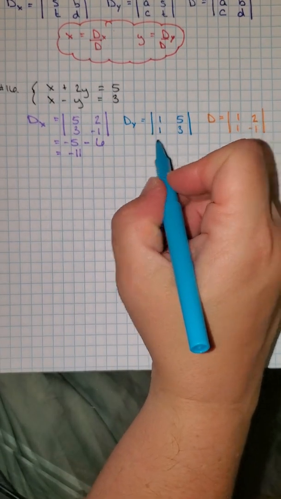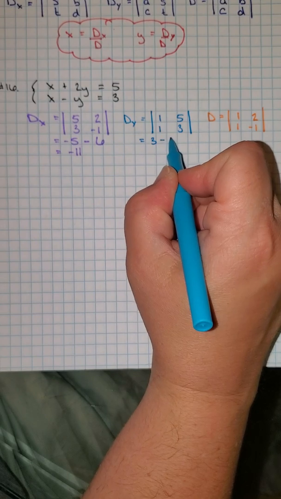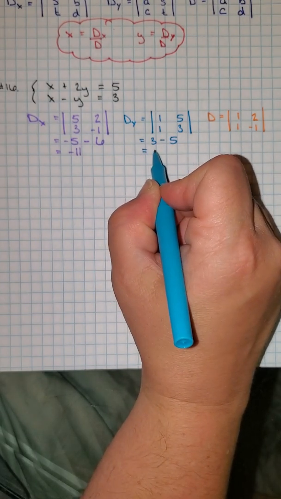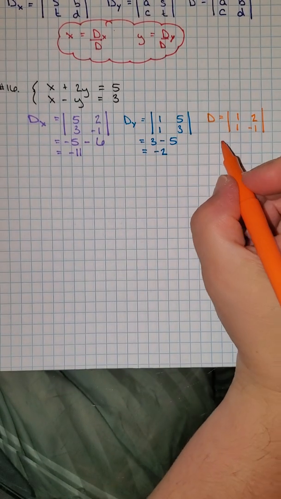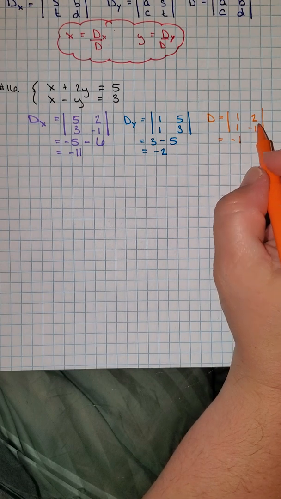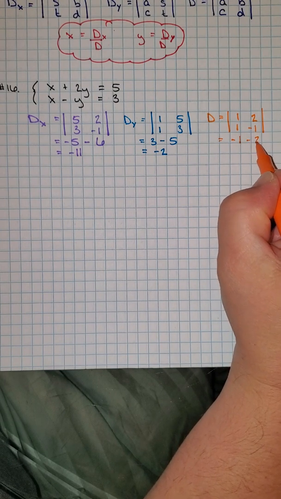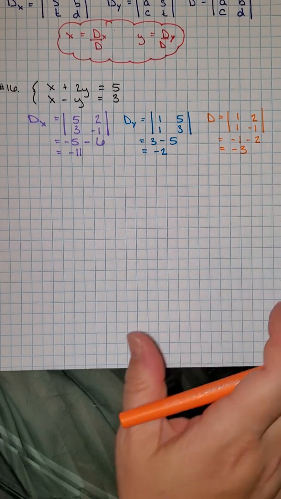D sub y, we have 1 times 3, which is 3, minus 5 times 1, which is 5. So d sub y is negative 2. And then finally, 1 times negative 1, that's negative 1, minus 2 times 1, which is 2. Negative 1 and negative 2 is negative 3.